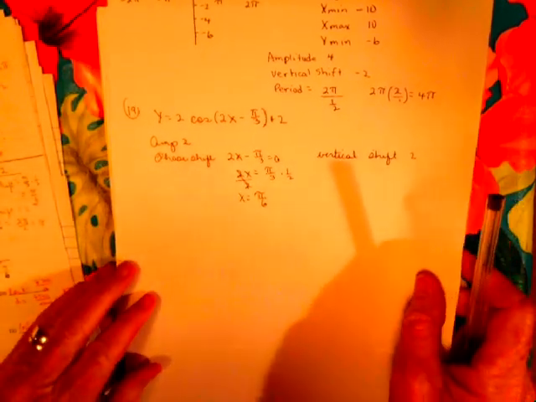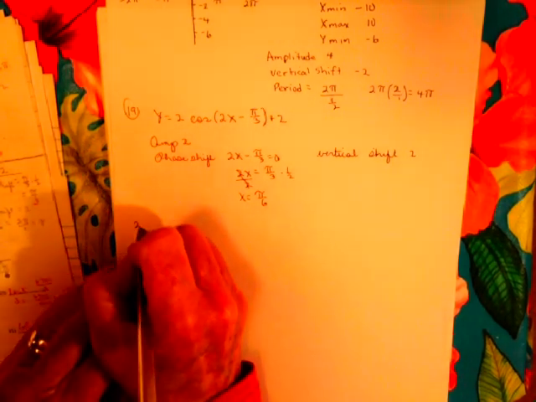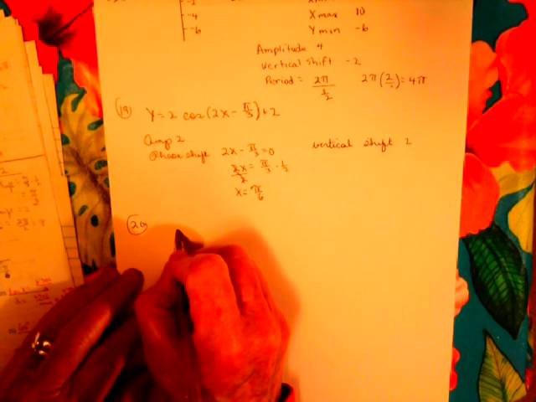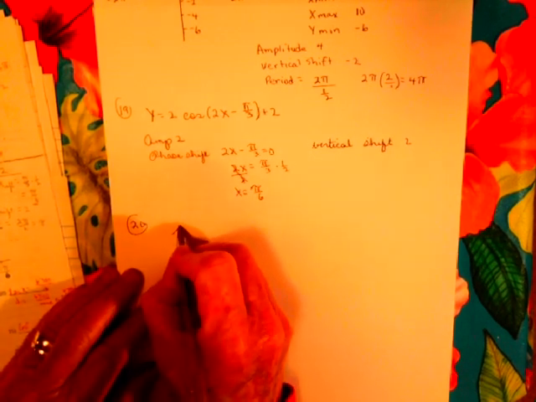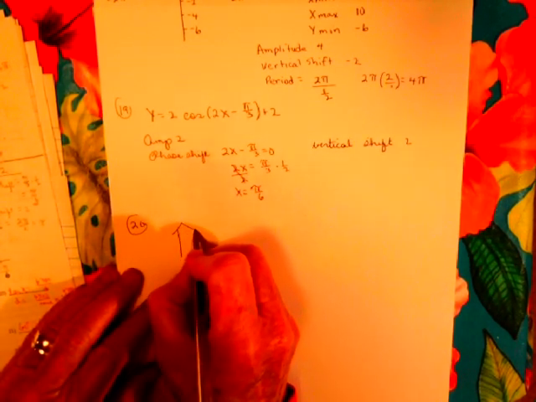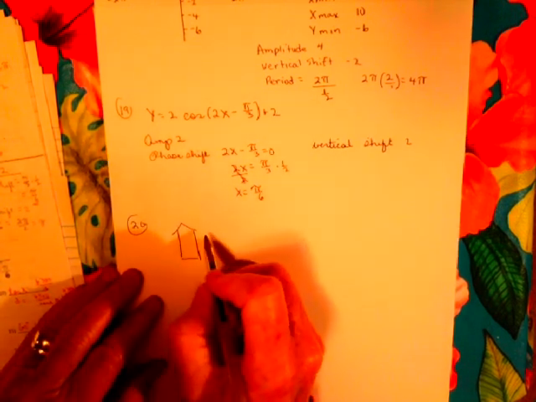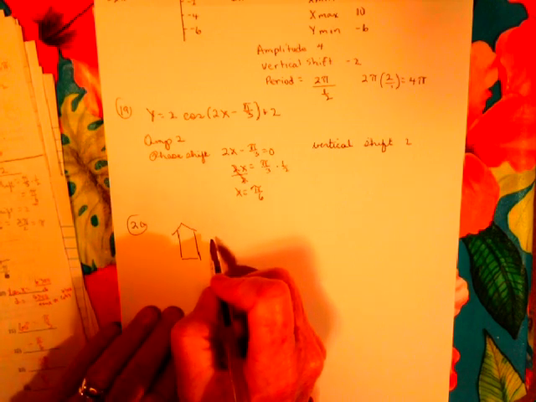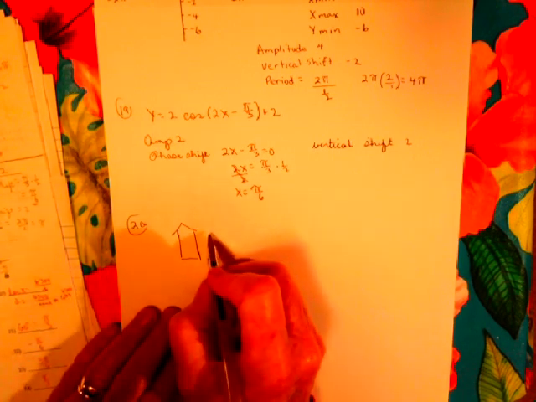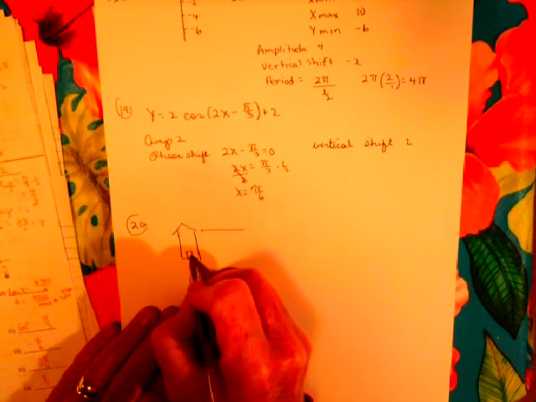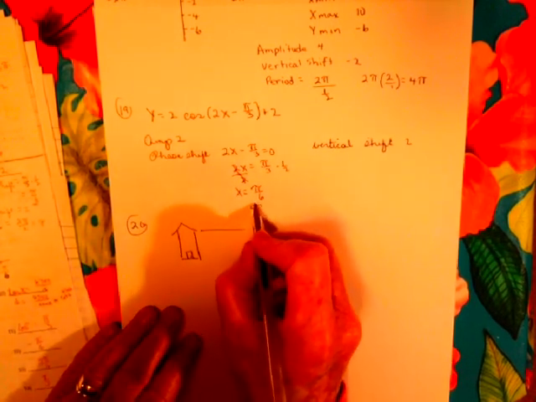Number 20. The angle of elevation from the top of a house to a plane flying 6,300 meters above the house is x radians. There's my house. Here is my airplane.